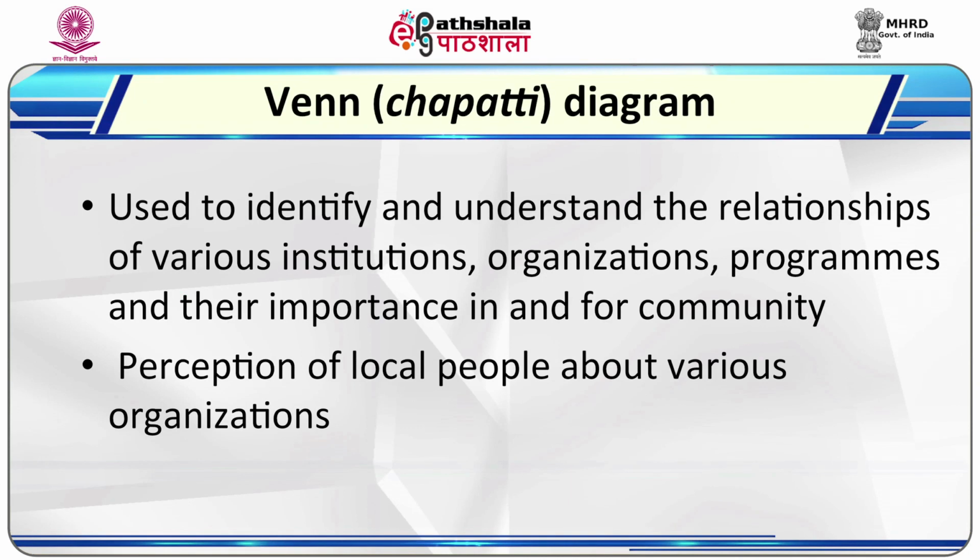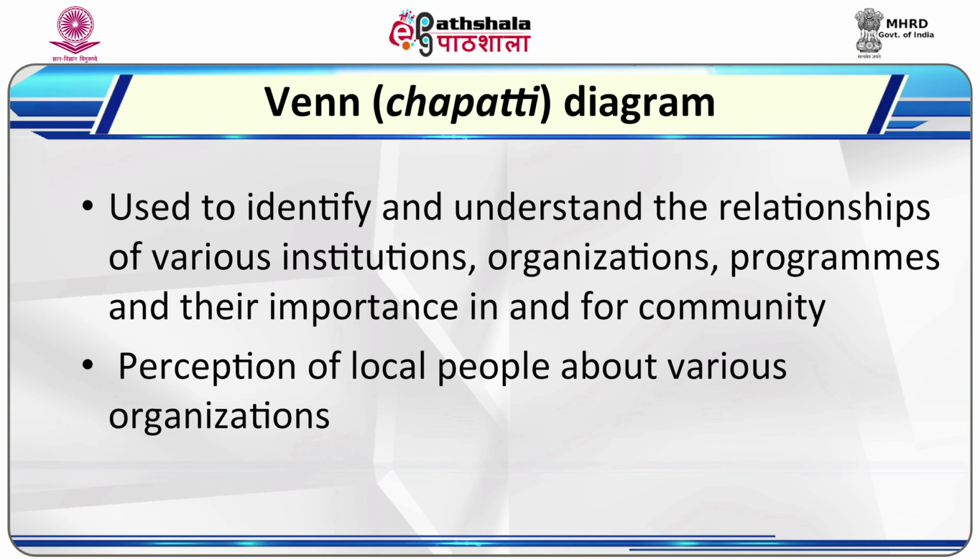2 types of diagrams are used in PRA, that is Venn diagram and problem tree. Venn diagram is also popularly known as chapatti diagram. It is used to identify and understand the relationship of various institutions, organizations or programs and their importance for the community.